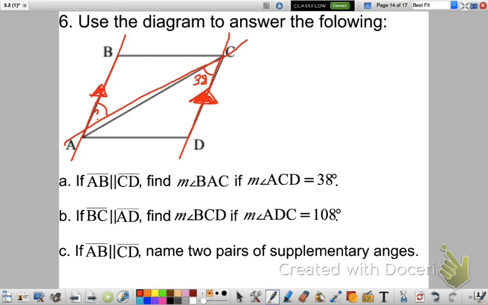This angle. Well, hopefully you can see that these are alternate interior angles. Alternate interior angles are congruent, so the measure of angle BAC would be 38 degrees as well.